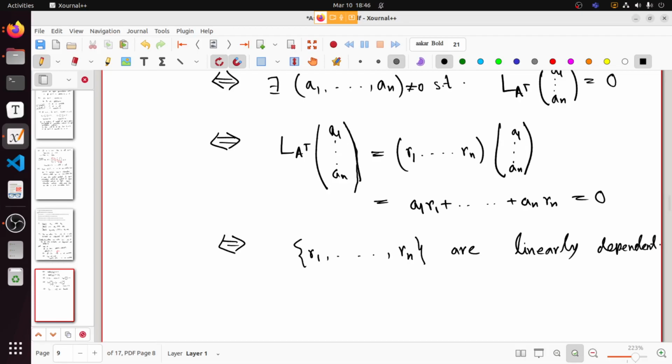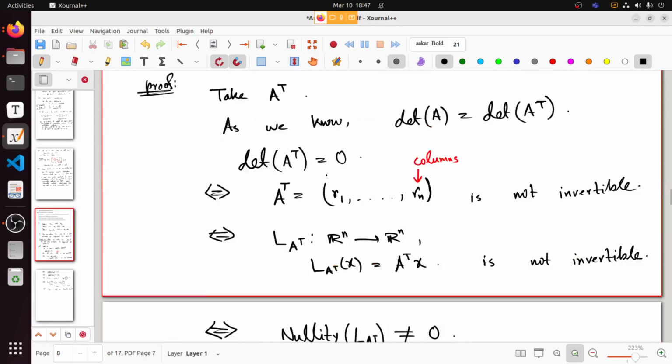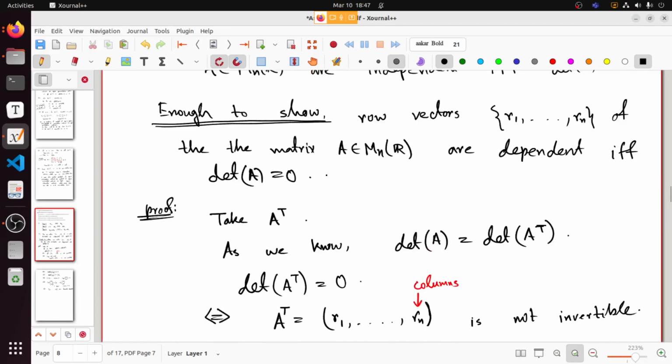Right? Because this is 0, where A1, A2, An are not all 0, which means these column vectors of A transpose are linearly dependent. So we have shown this, right? Row vectors are dependent if and only if the determinant of A is 0.